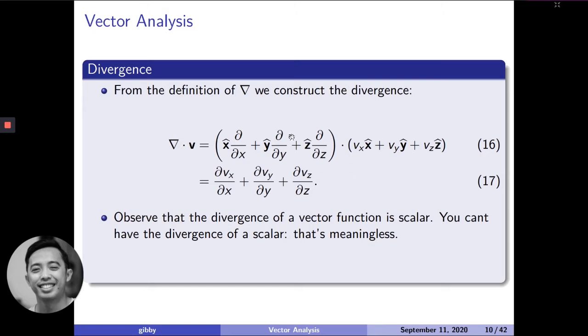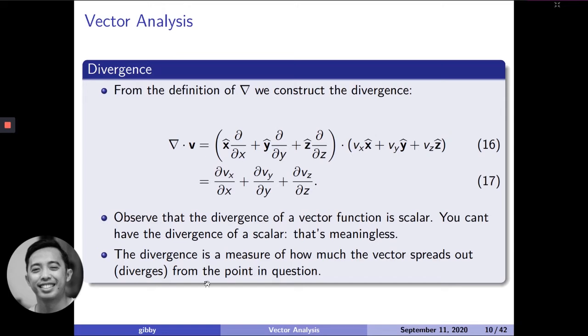You can't take the dot product of a vector and a scalar, so it's meaningless. The divergence is a measure of how much the vector spreads out from the point in question. How much it diverges would tell you its value, depending on the result of this calculation.